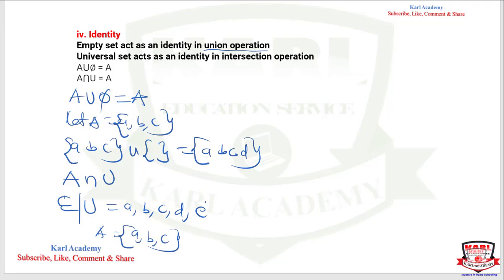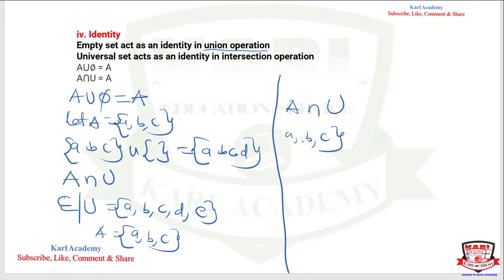Universal set: all elements of the sets under discussion form a universal set. We covered it in our introductory part. So here, when you take A intersection the universal set, that is A, B, C, which is set A, intersected with A, B, C, D, E, we are looking at which elements are present in both.